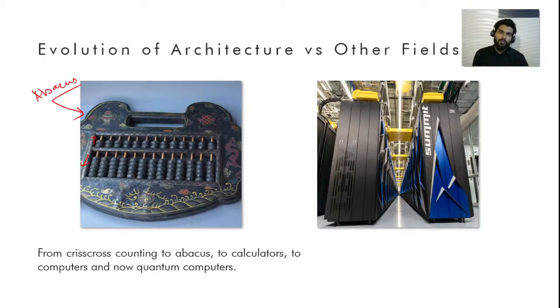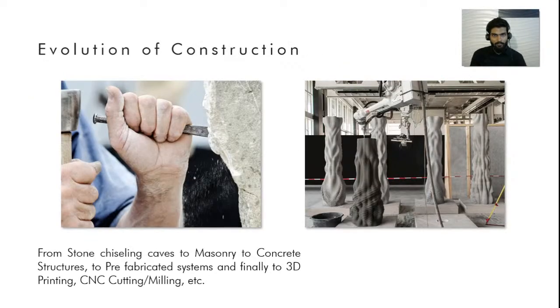Now we have reached a phase where we have quantum computers and supercomputers that can do calculations unfathomable to the human brain. We cannot imagine the level of complexity of the calculations these machines perform, and that too in a matter of seconds. That is how computers have evolved. That is how the processing power has evolved.